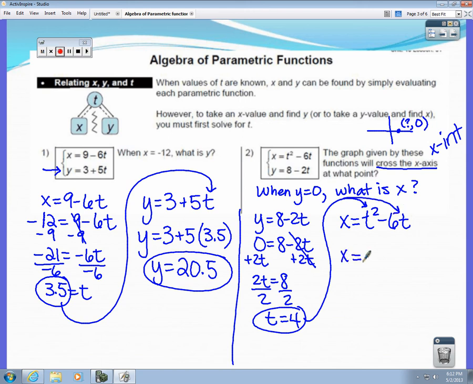So x equals 4 squared minus 6 times 4, which would be 16 minus 24, or negative 8. So your x value would be negative 8. Anytime you're asked to find a specific function value, you're going to have to use two steps. Find the t first, and then you can find the variable that you're actually looking for.